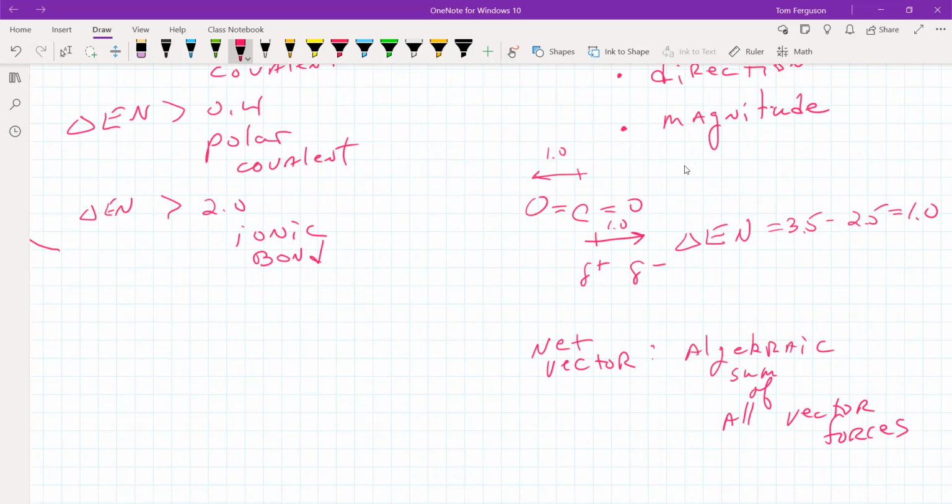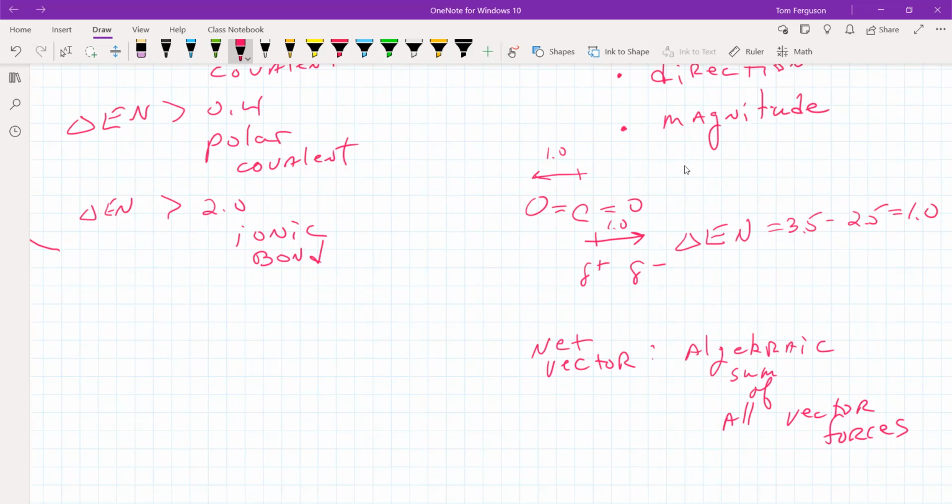These quantities are the same. Directions are exactly opposite. So this one cancels this one out. So carbon dioxide is non-polar because it has a net vector of 0, both directionally and quantitatively, or magnitude.